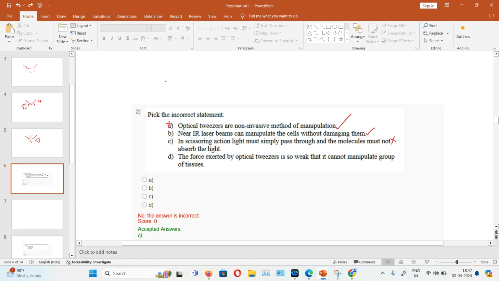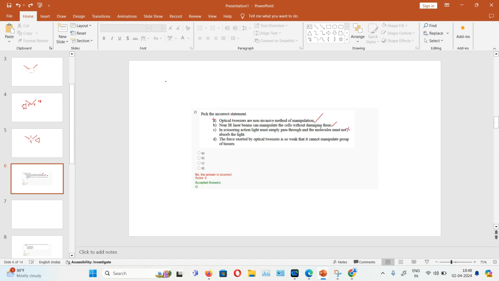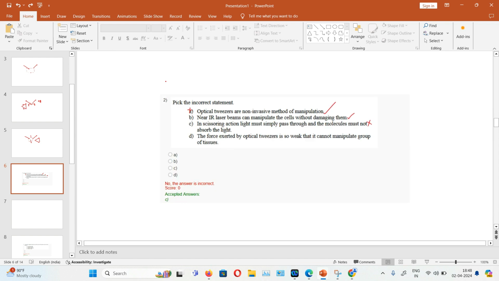If it is a big tissue, we cannot manipulate the entire tissue with the optical tweezer, because the force exerted comes in the piconewton range. So the wrong statement is C. The correct answer is C.